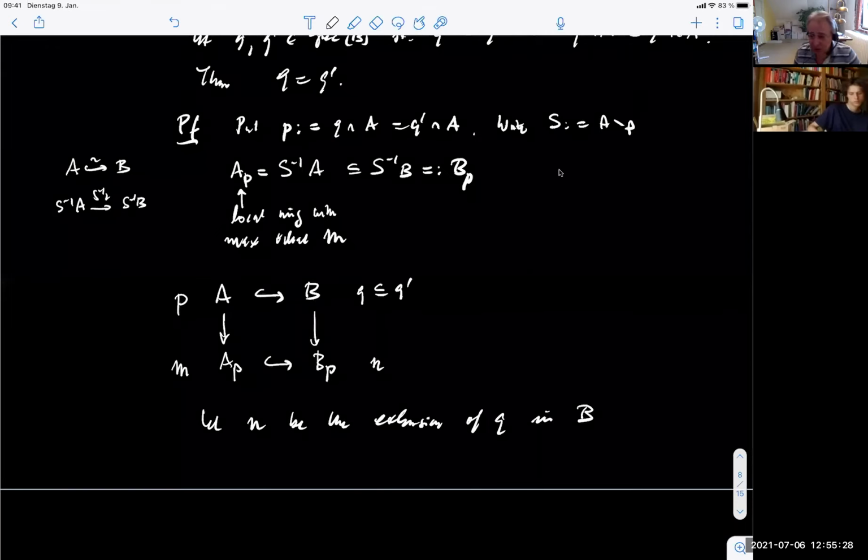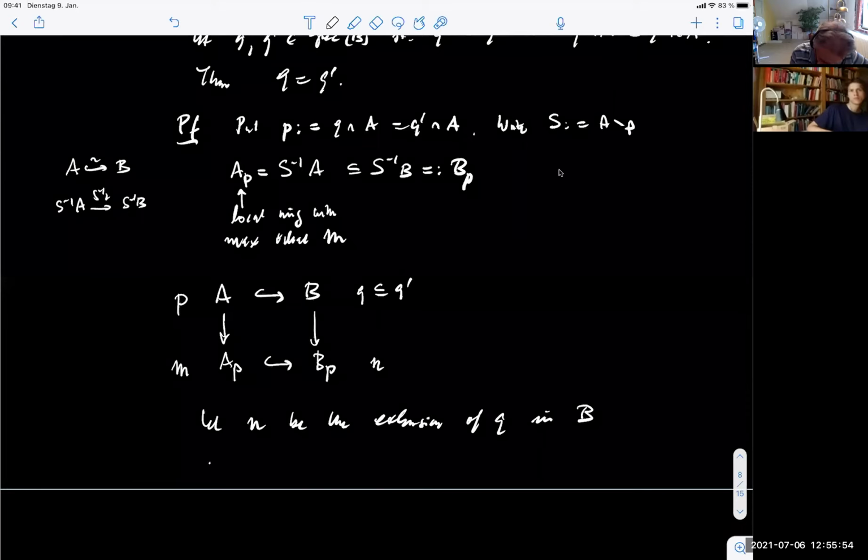Actually, I discussed what happens if I have a localization. I discussed what happened with prime ideals. Prime ideals either survive after extension, in which case they will be prime ideals, or they disappear. Disappear meaning they get the whole ring. Okay. So in this situation, the prime survives.